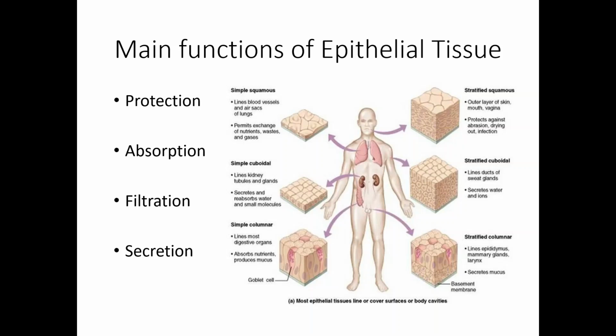So this is the skin itself, as well as the linings of the mouth and the vagina. Absorption, filtration, and secretion, we tend to see those functions associated with the simple epithelial tissues, the single layers, as it's easier to move substances across one layer of tissue versus many layers of tissue.